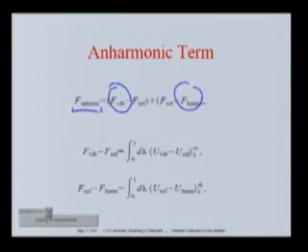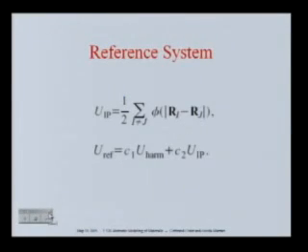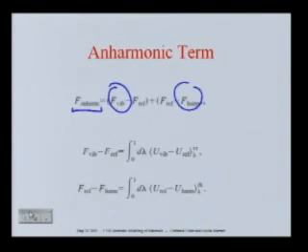And I won't go into the details of what you need to do for the case of iron, that is what is a good potential, but people have figured out that something as simple as basically a Lennard-Jones-like kind of potential on top of our harmonic term is actually good enough to provide a reference potential.